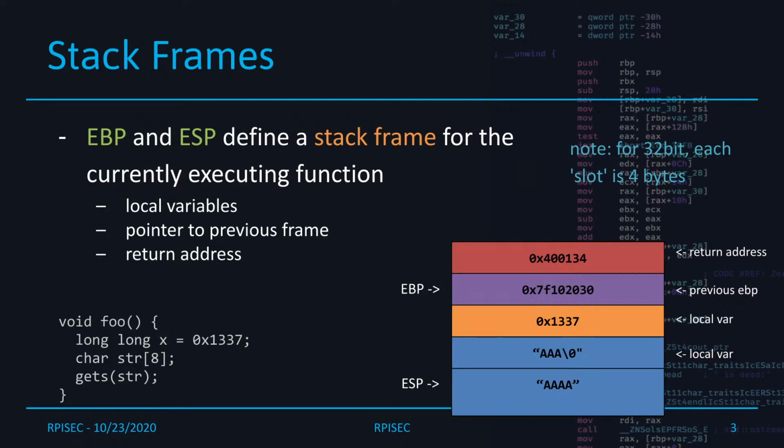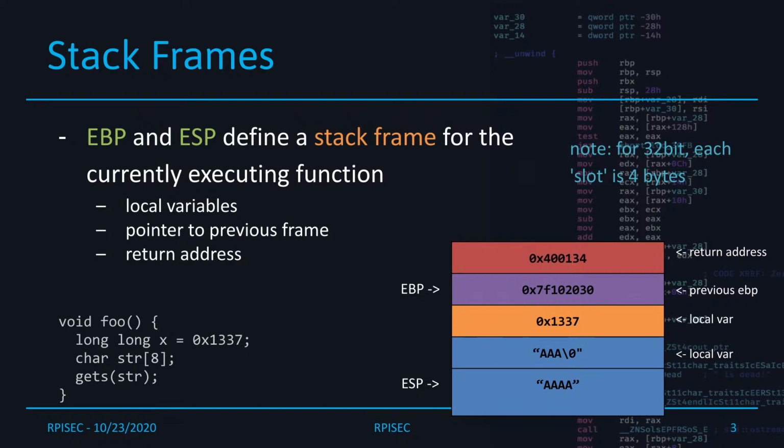So we hold local variables. If you have a function that has an integer foo, for example, then that variable will be within the stack frame for that function. It also points to the previous stack frame, so it saves the base pointer.